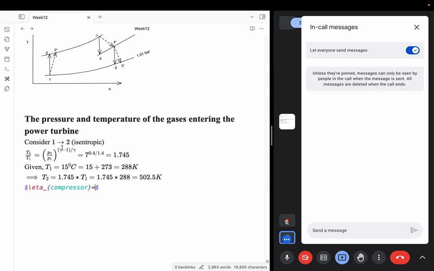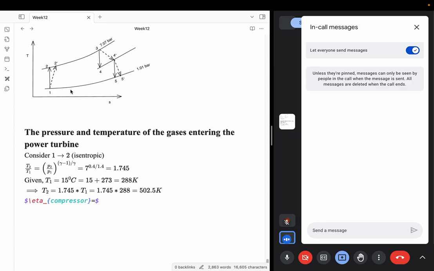In terms of our definition, efficiency is the ideal over the actual, comparing the real scenario to the isentropic scenario. The ideal case is T2 minus T1. Since it is a compressor, it will be ideal by the actual, that is T2 prime minus T1. So eta compressor is 0.82. T2 we have calculated just now, 502.5, minus T1, which we already know, divided by T2 prime, which we are trying to calculate, minus T1.